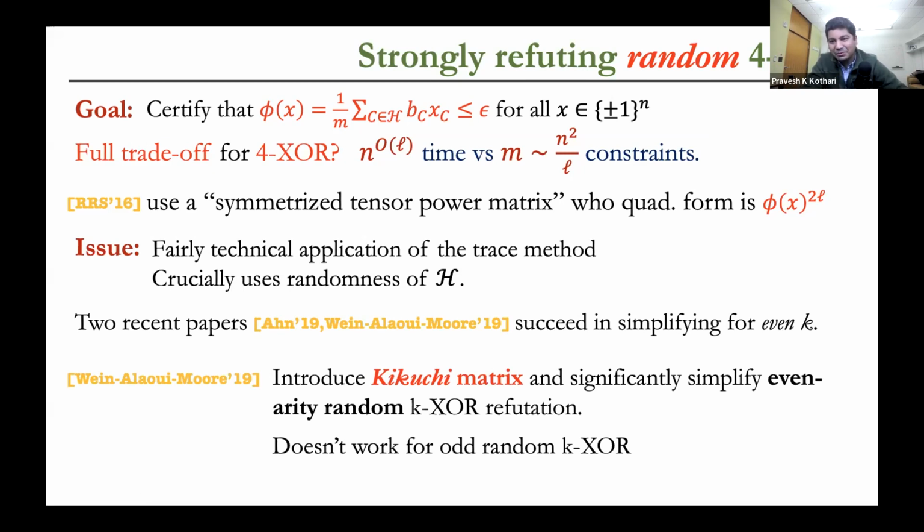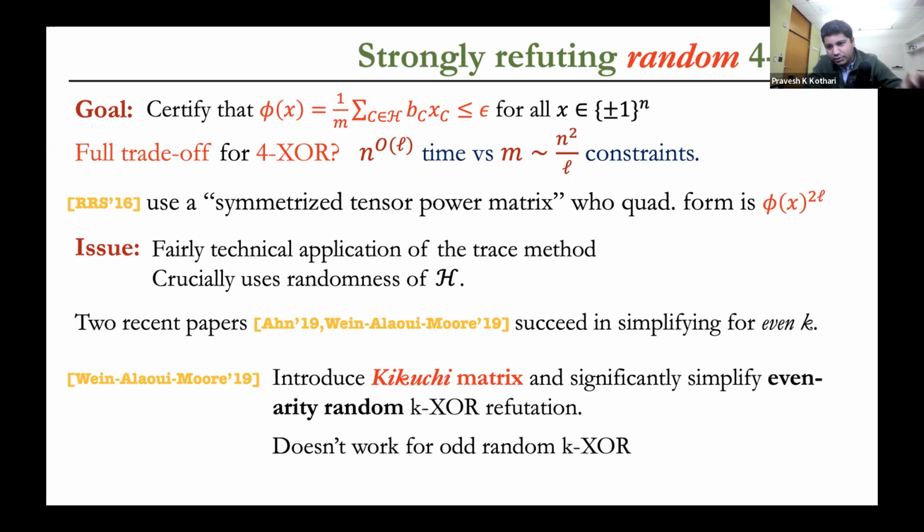Again, the same curse of even versus odd strikes us. This Wein, Alaoui, Moore idea works for even arity random k XOR, but somehow doesn't work beyond that, for odd arity XOR. In fact, they suggested a construction, but it turns out that the construction's claim is simply false, in the sense that there is no analog of their idea that gives a spectral refutation.